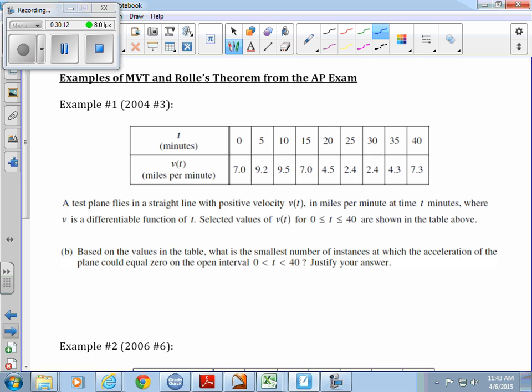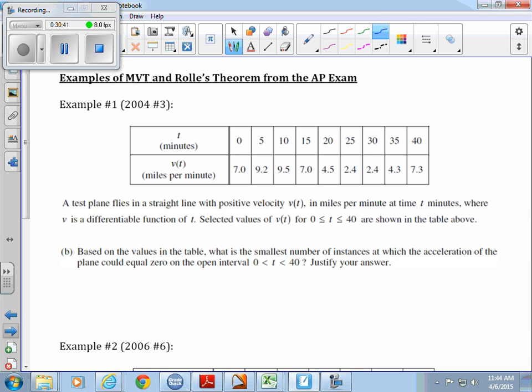We have a function that's v of t, that's velocity. Does anyone know, physics people maybe, how we would get to acceleration? Velocity is measured in miles per minute. Does anyone know what acceleration is measured in? Miles per minute per minute?